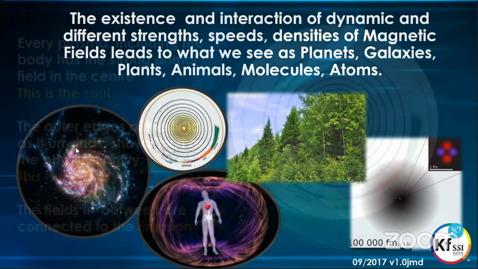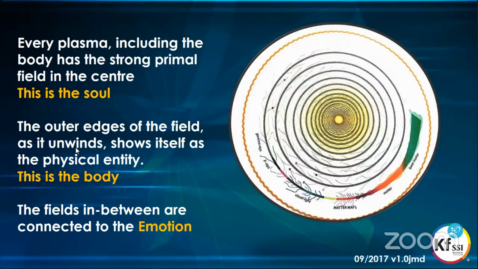And then, as we've shown before, but coming back just to refresh, when we look at it ourselves as man, we know, and we've been taught, that the soul is our center, our central primal field strength. So we are a plasma, and so we have our strong primal field in the center, which is our soul.